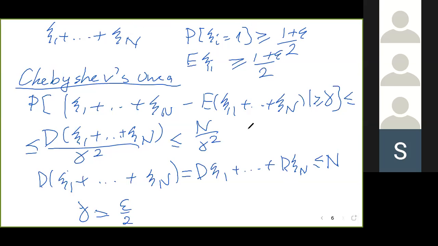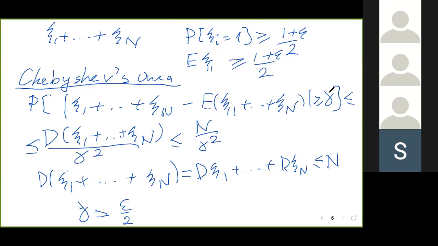So the algorithm makes a mistake if the majority says wrong. That means that xi I is 0 and not 1. But the expectation is at least 1 plus epsilon over 2.